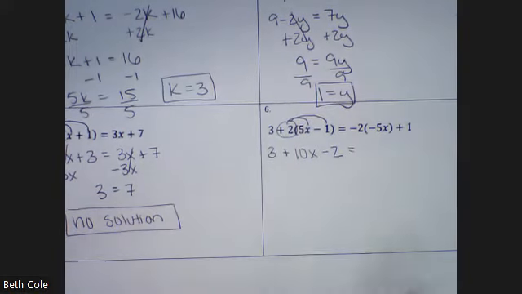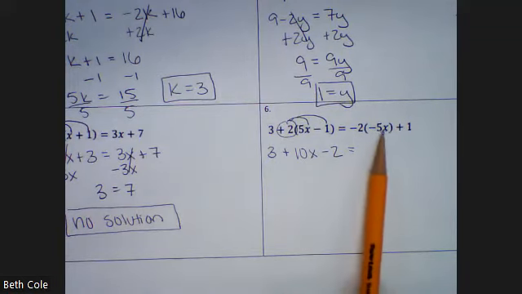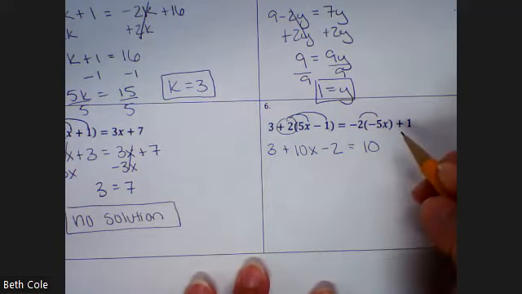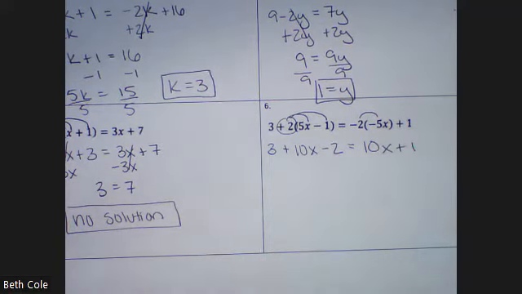Equals, now actually this is a little tricky because you see parentheses, so that makes you think, oh, I want to distribute. But do you see how there's nothing else in there besides the negative 5x? You just multiply them together. There's nothing to distribute to. I guess you could draw the little rainbow if you want to, but you're just multiplying those together. So negative 2 times negative 5x, 10x, good, plus 1.